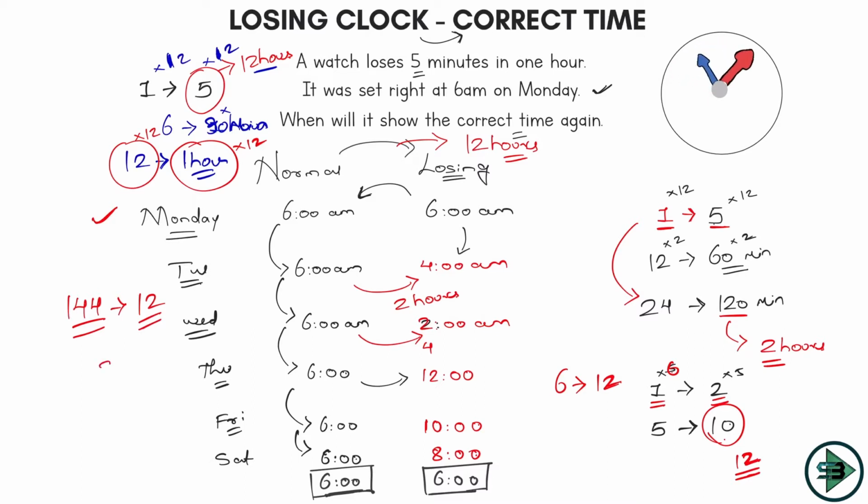Okay, 24 hours per day. So just divide this by 24, which means in 6 days. In 6 days, the difference between their timing will be equal to 12 hours. So if today is Monday, it will be what? Sunday. Okay, add 6 days to today. It will be Sunday 6 a.m. when the two clocks will show the same time again.